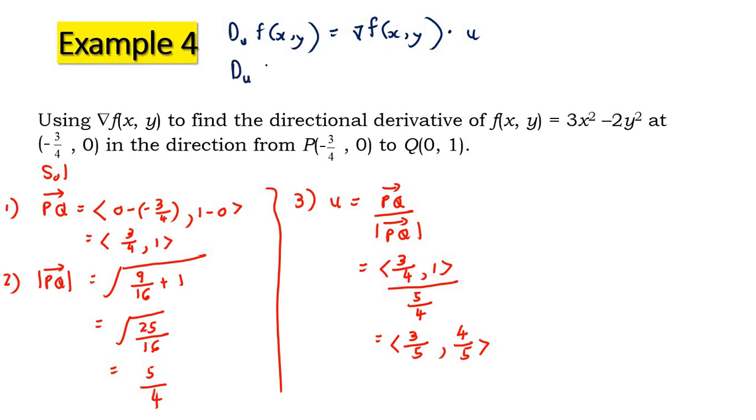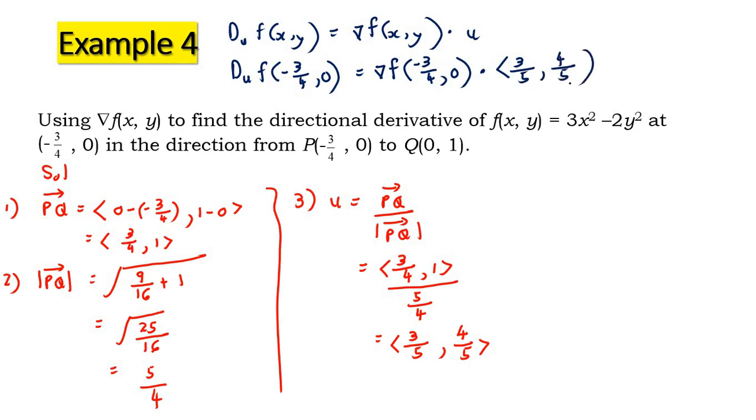The directional derivative we want is at the point x equals negative 3 over 4, y equals 0, so we have the gradient vector at that point dotted with the unit vector we obtained, 3 over 5, 4 over 5.